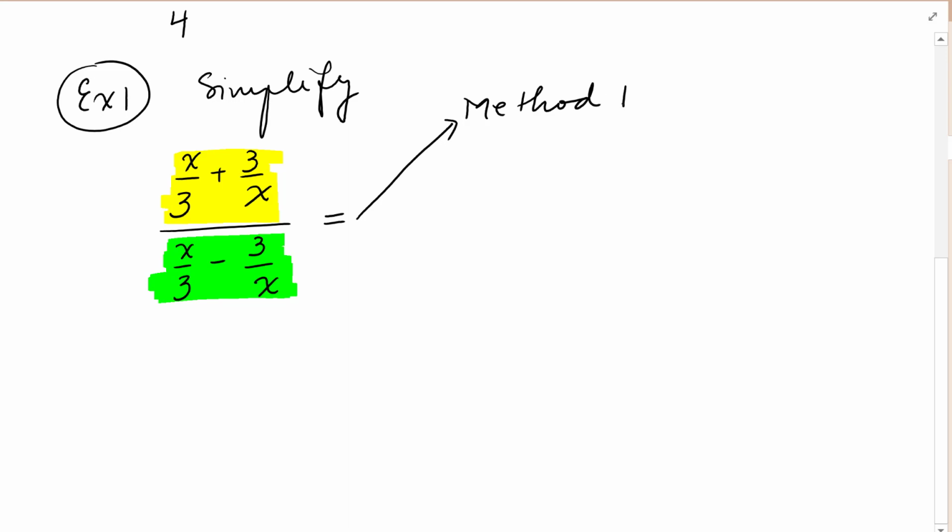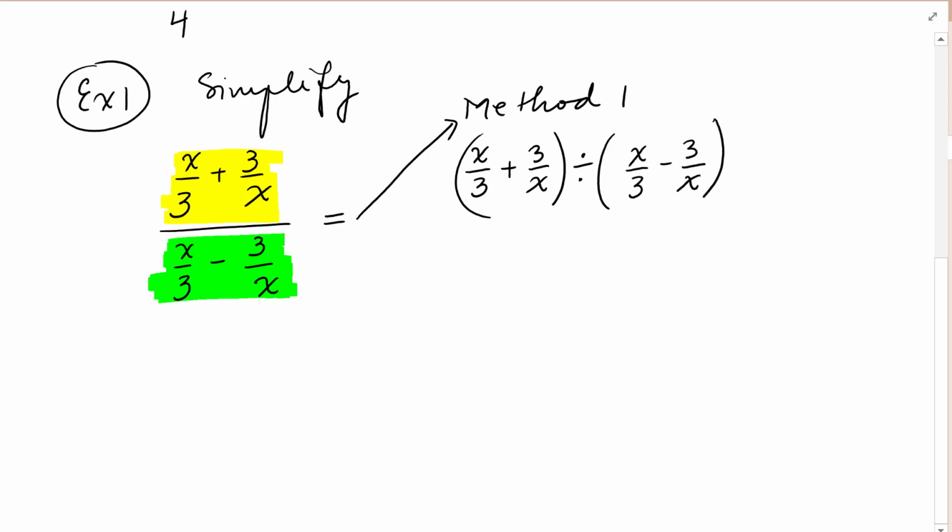Method 1 is following the same process that we did in the example before. I'm going to rewrite the numerator, x over 3 plus 3 over x, the whole numerator, and I'm going to divide it by the denominator. And because the numerator and denominator are each made of more than one term, we put the terms in parentheses.